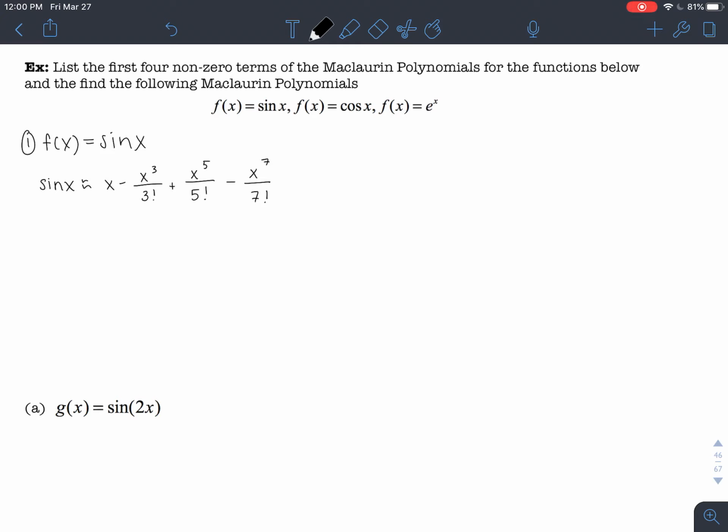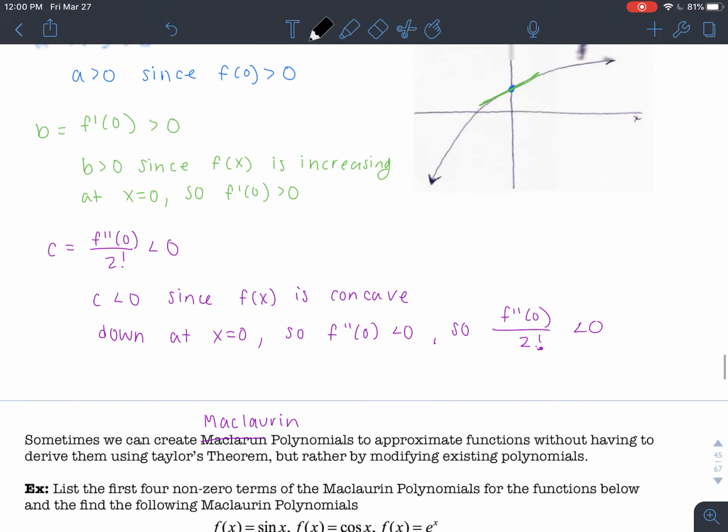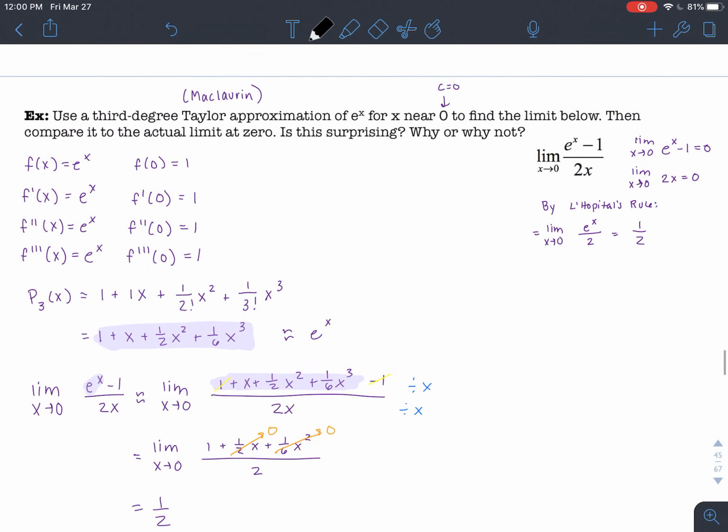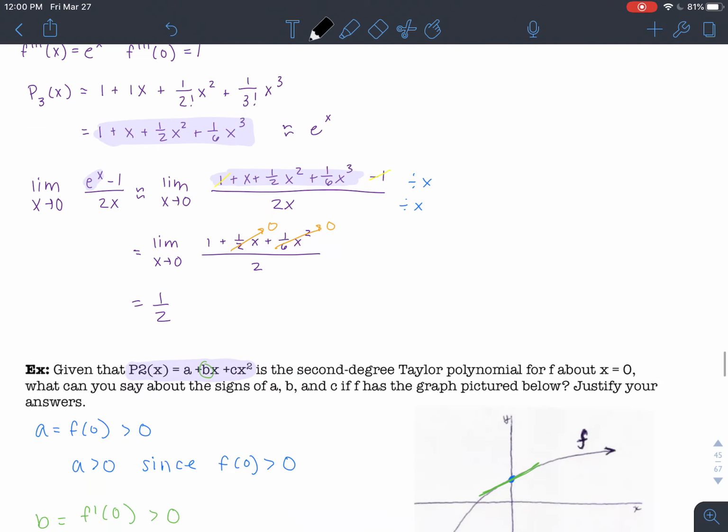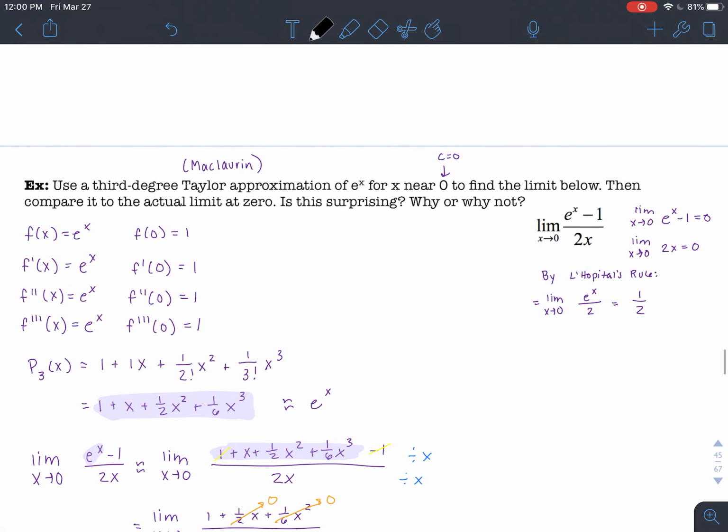We have also already done e to the x, which I'm going to put over here. We did e to the x on the previous page. For those of you who've been following along, we can see what's happening there.